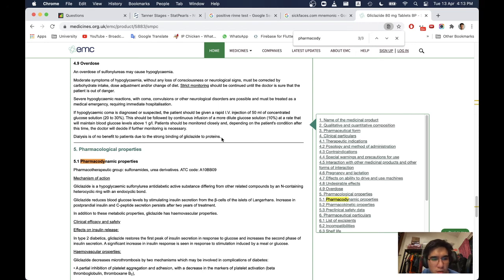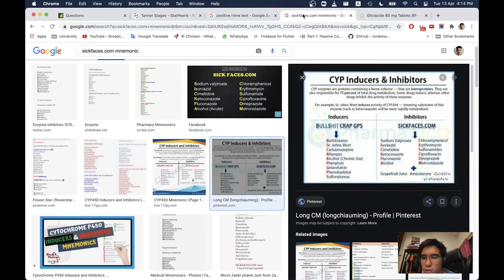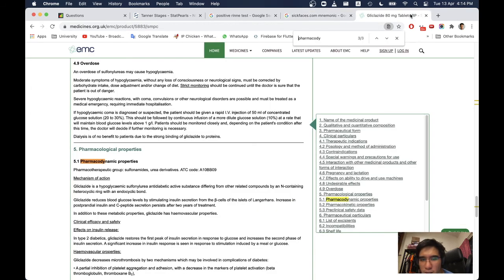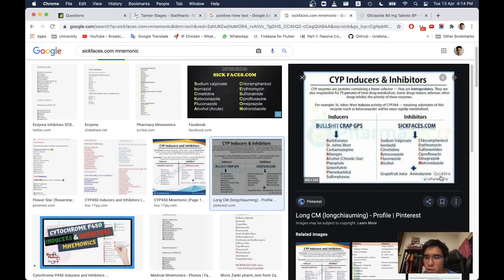Sulfonamide and sulfonylurea, same thing, is it? Group sulfonamide, and then it is sulfonylurea. Wow, so confusing, because over here it says sulfonamide is inhibitor, sulfonylurea is inducer.